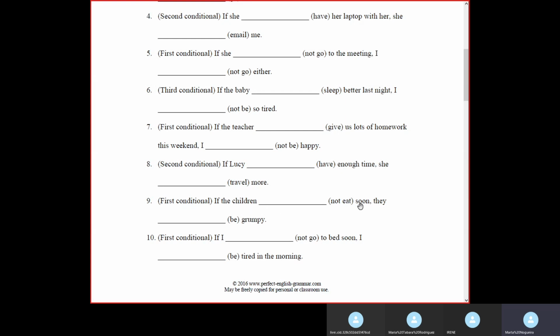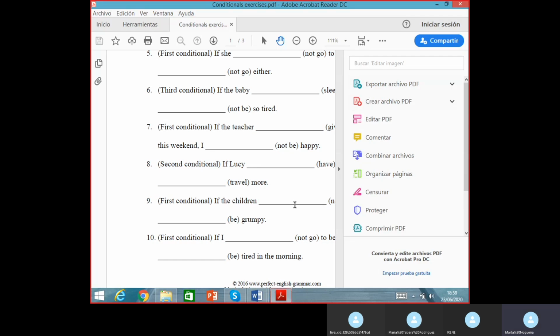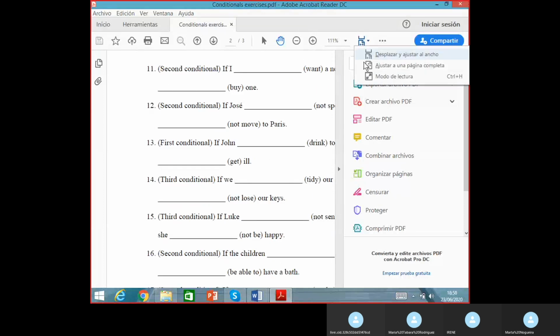Nine, if the children don't eat soon, they will be grumpy. Ten, if I don't go to bed soon, I will be tired in the morning. Let's see more.